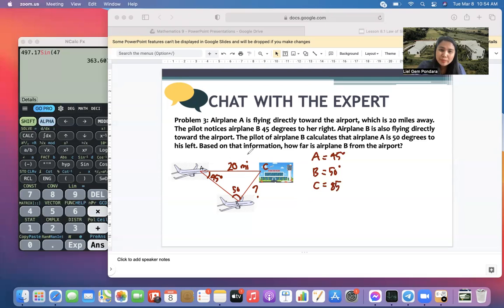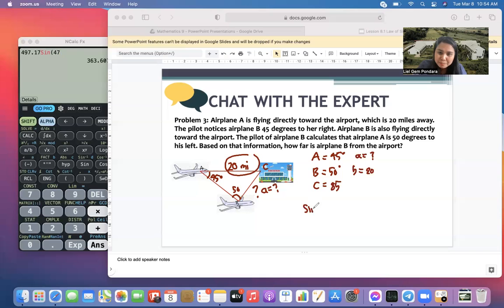Now, what is this 20 miles here? What side? Side B. Very good. 20 miles. What side are we looking for? Side A. Good. We're looking for side A. So you could say A is the distance from plane B to the airport.